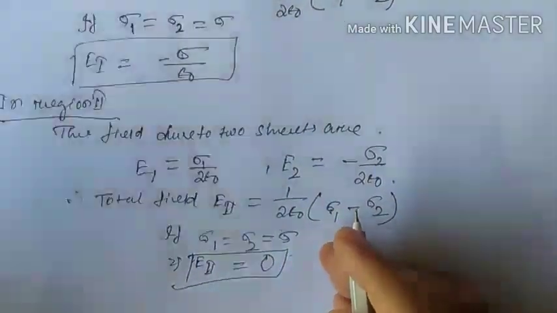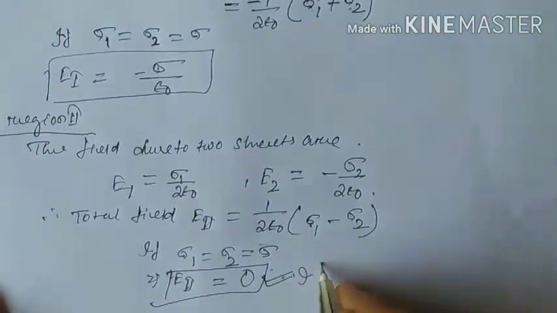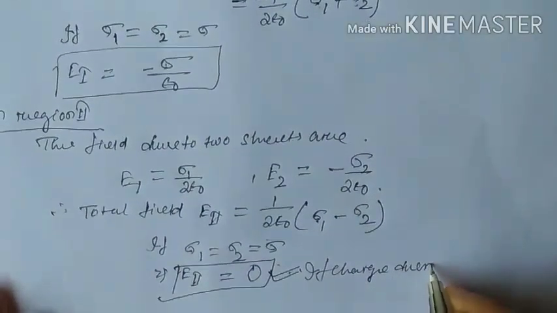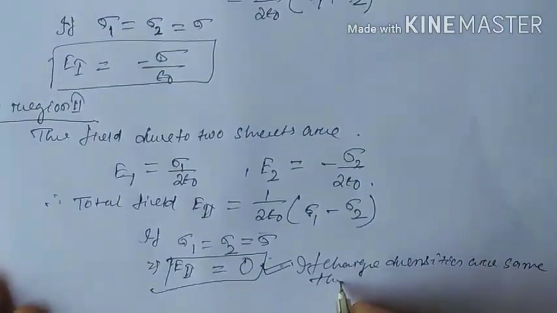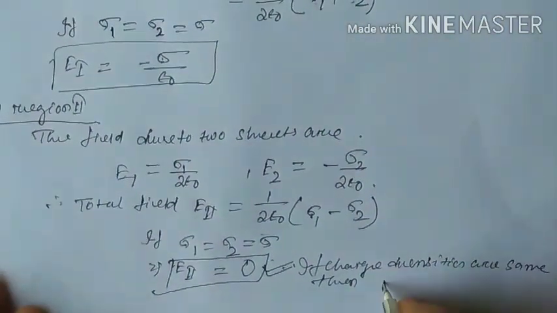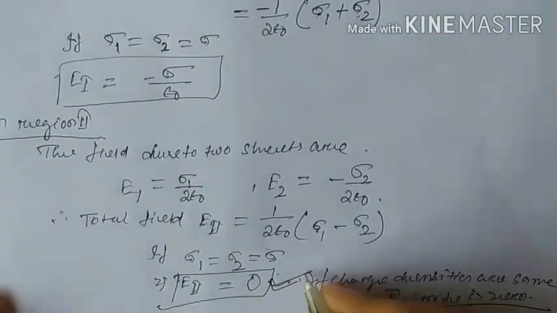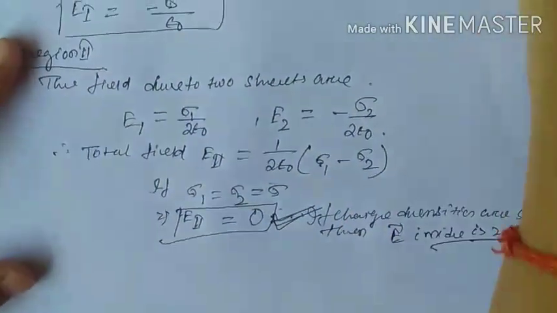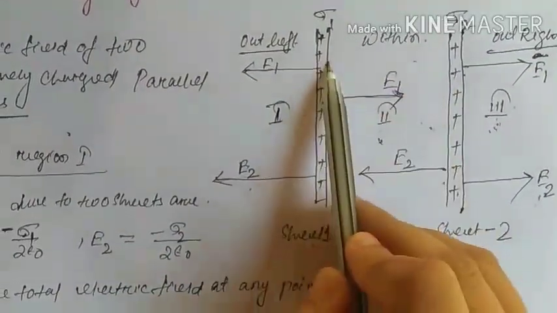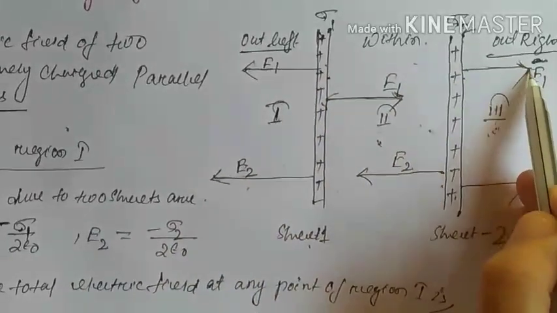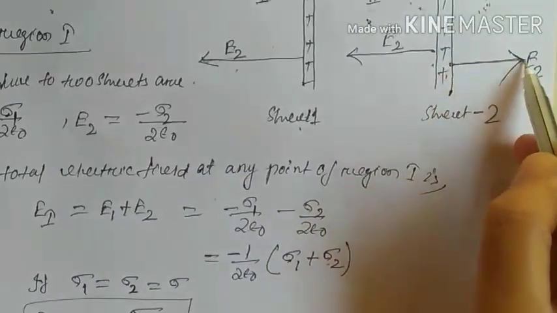So the electric field inside is 0 if the charge densities are same. Remember this point. Then next, for region 3, electric field due to sheet 1, that is E1, here in this direction, and for sheet 2, that is E2, in this direction.